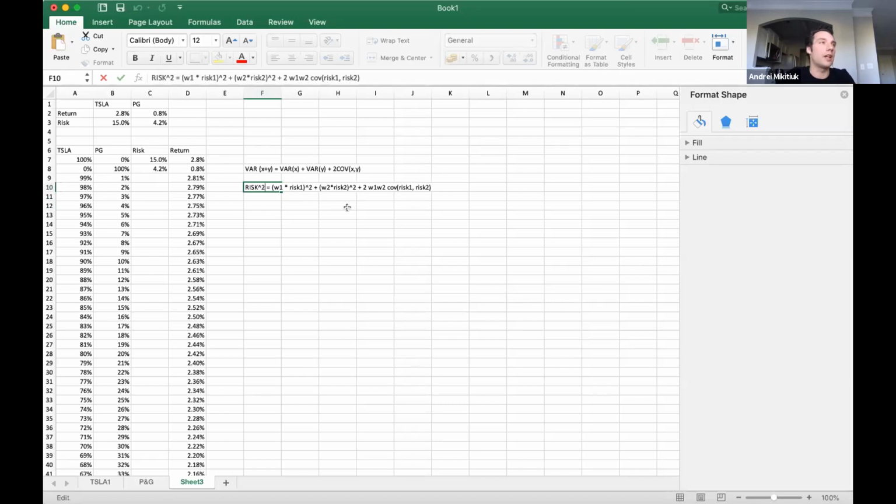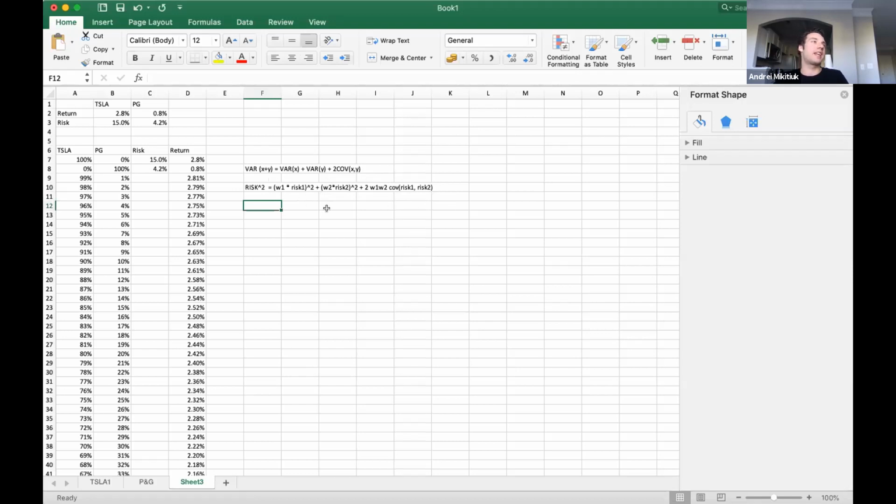Our risk is a standard deviation, so variance is a squared risk. So we're taking 90% of the Tesla risk, 10% of the Procter & Gamble risk, and we're taking two covariances weighted in the same proportion.